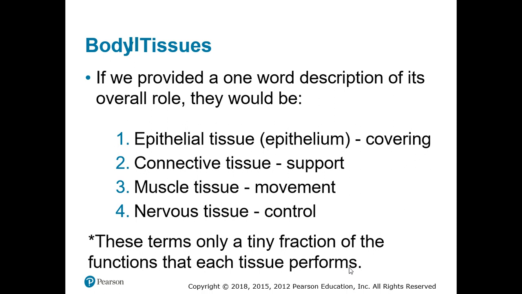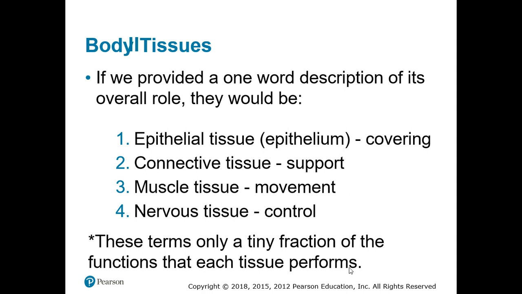If we were going to use one word to describe the overall role or function that each of these different tissue types provide the body, we would use the following words. For epithelial tissue, we would use the term covering because epithelial tissue is often found covering organs. Next is connective tissue.